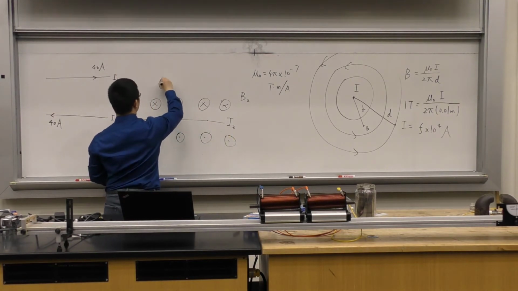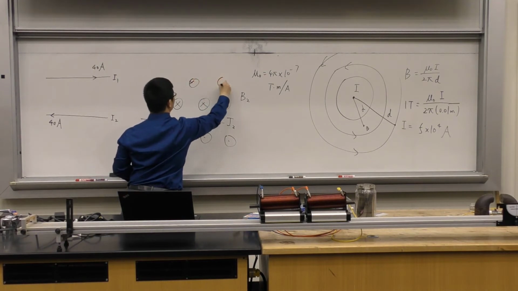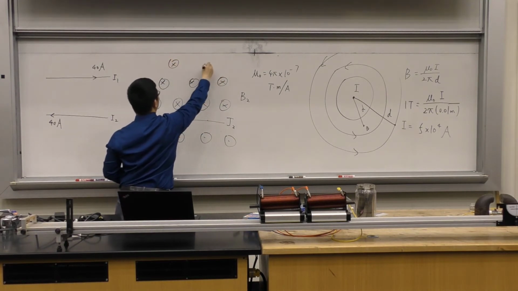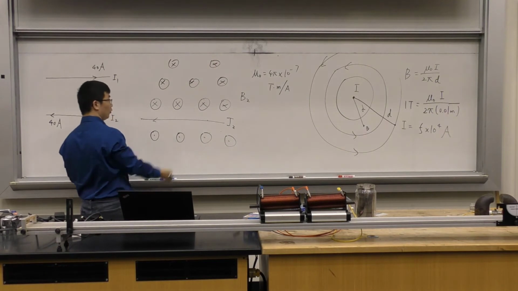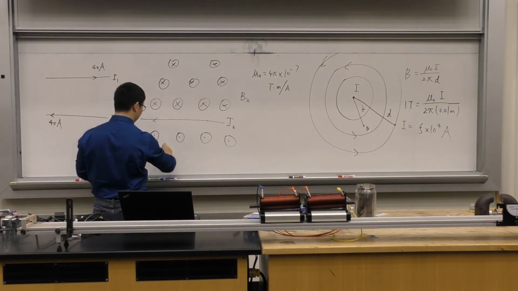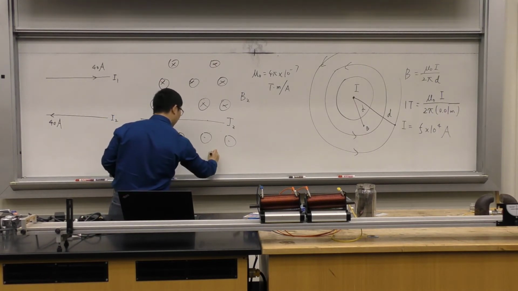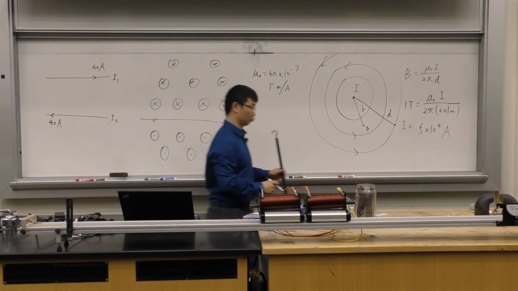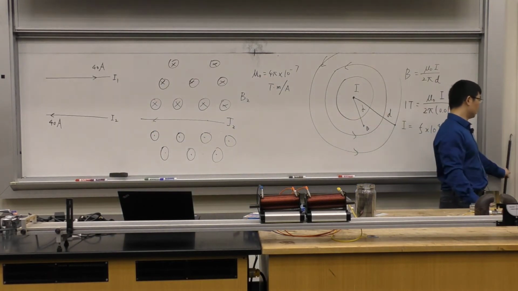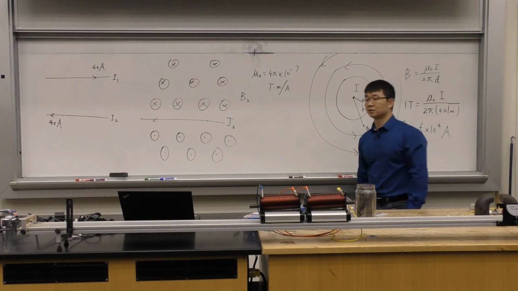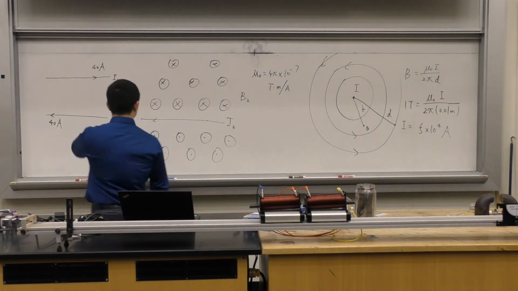You can draw as many as you like. All the points above I2 are crosses, and all the points below I2 are dots. So that's the magnetic field. Once you get used to it, it's easier than the circles.